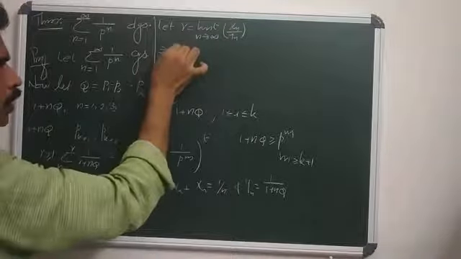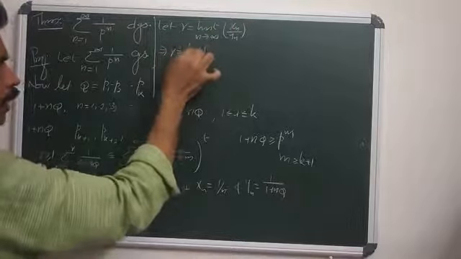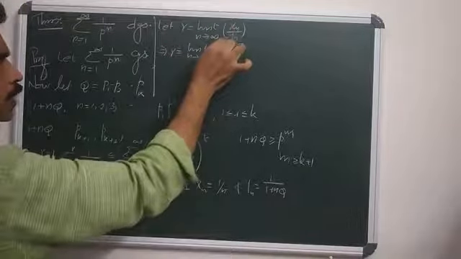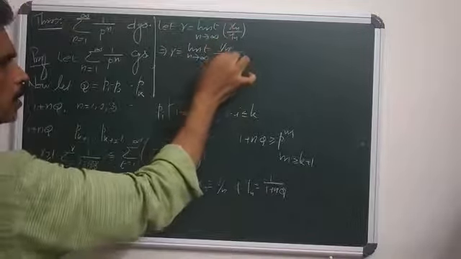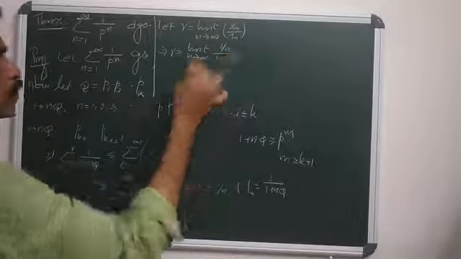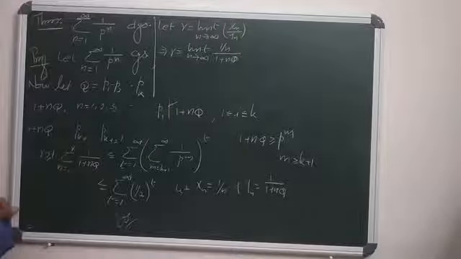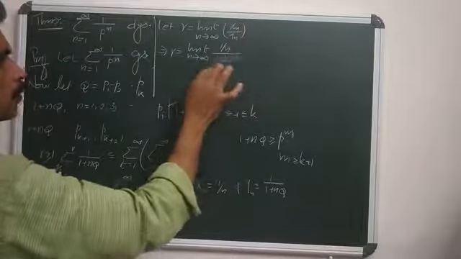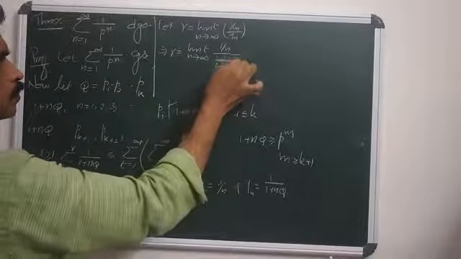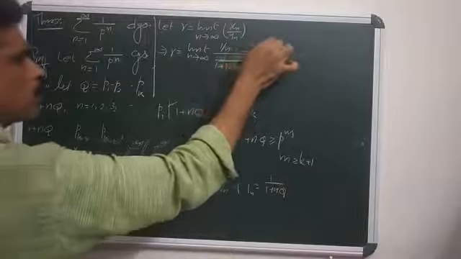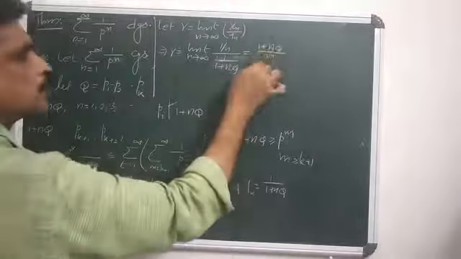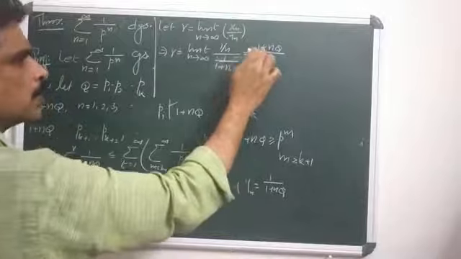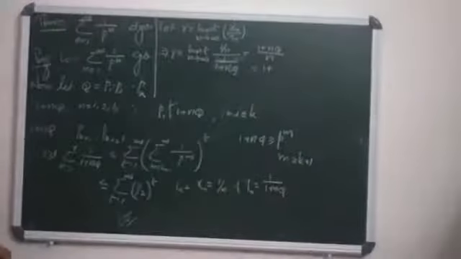That means r equals limit n tends to infinity of 1 by n divided by 1 by 1 plus nq, with xn being 1 by n and yn being 1 by 1 plus nq.